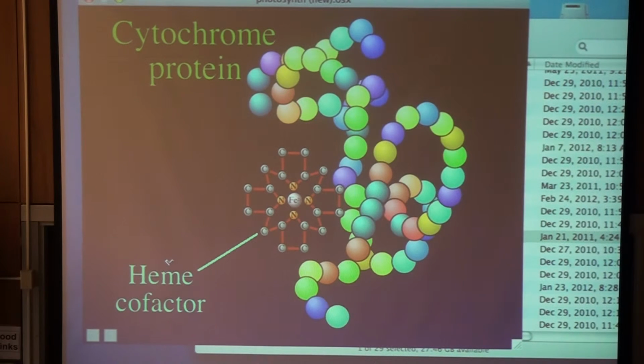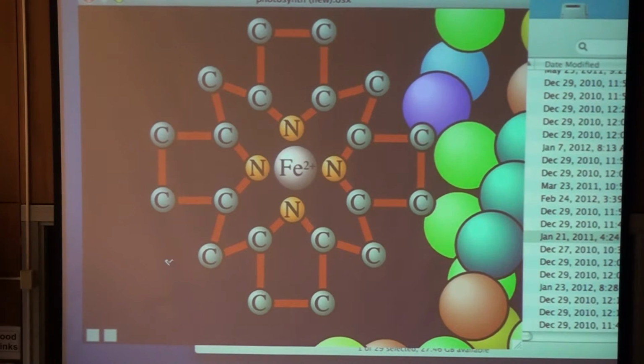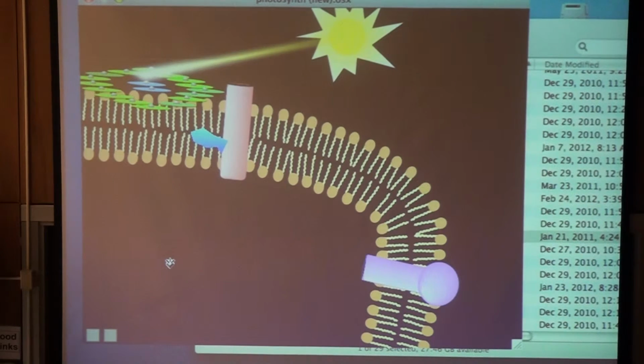Here we go. There's a close-up of it. All right, so, well, maybe this is a good spot to end right here, but just as a preview for what we're going to see on Monday, the energy of those high energy electrons is used for active transport.